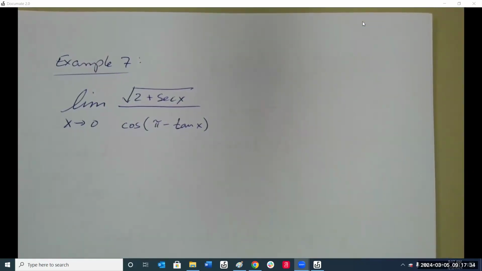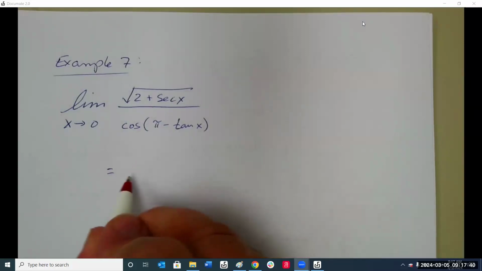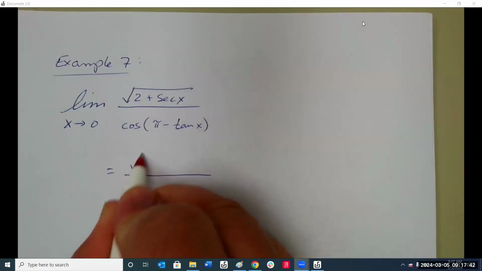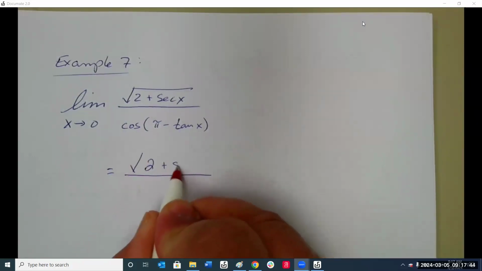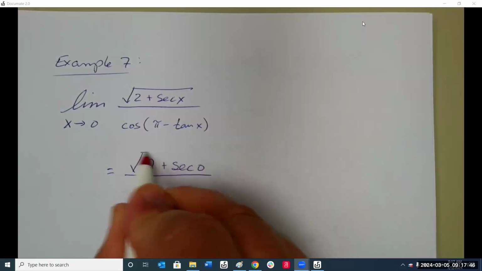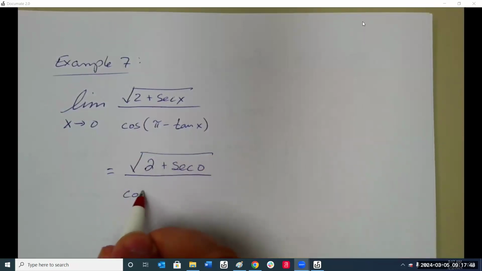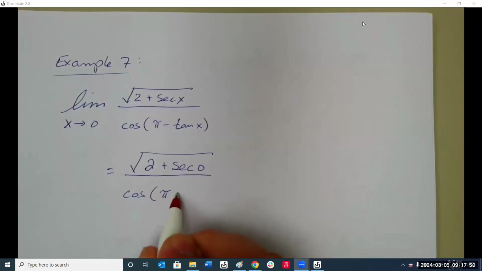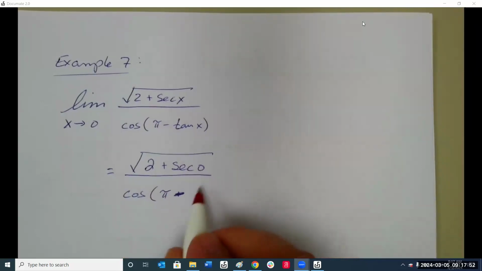the first thing you always do when you have a limit function is plug it in there. Radical 2 plus secant 0 over cosine of pi minus tangent of 0.